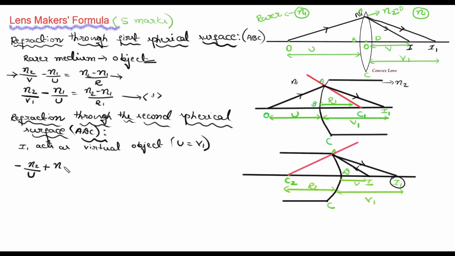It is N1 divided by, instead of U, take V, is equal to, reverse it, N1 minus N2 divided by R. So this is the general equation for refraction through a spherical surface when the object is in denser medium and image I is formed in rarer medium.